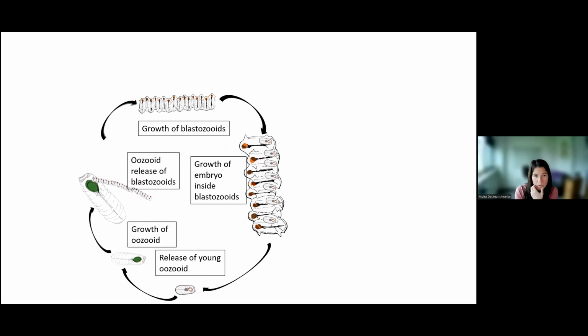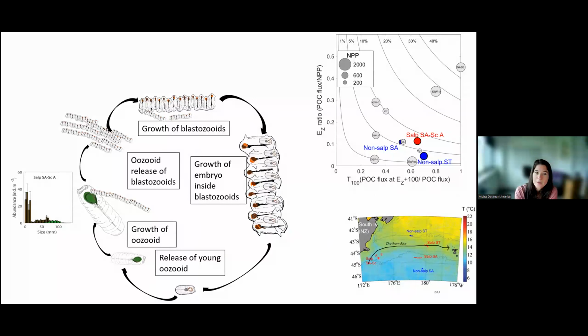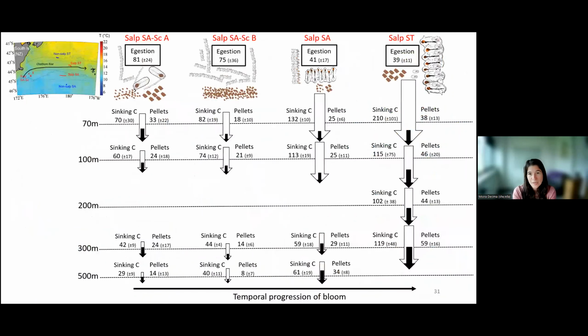And so what we think we actually did was that we sampled the bloom during different times, such that at the onset of it, even though we had the most amount of pellets being produced, we weren't getting the highest values of export, right? And as time passed and as water's moving offshore, we're starting to see export or particle production from earlier in the bloom being exported later down, or being exported downstream.